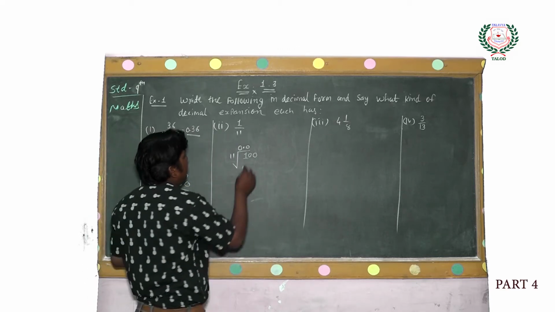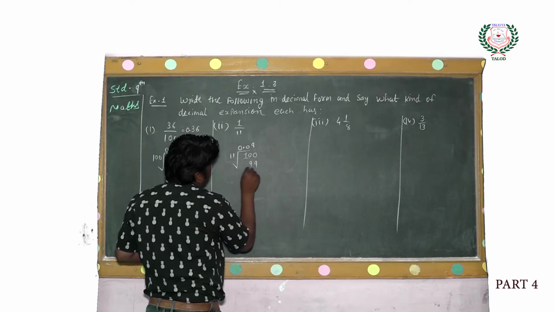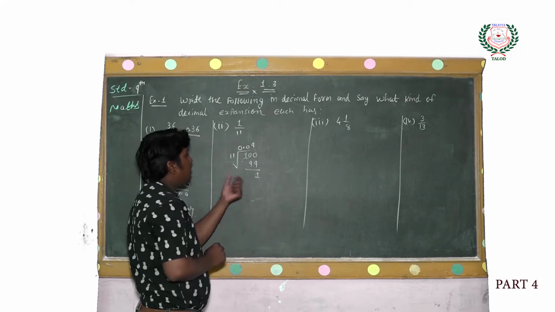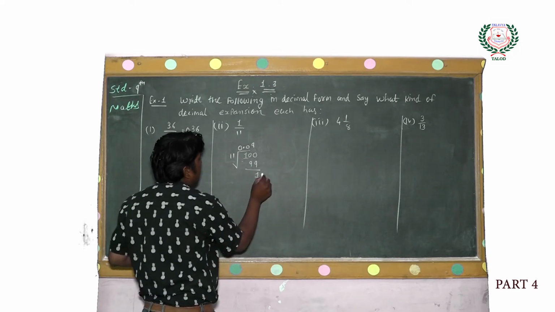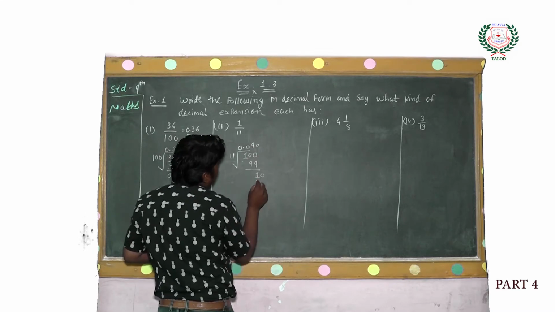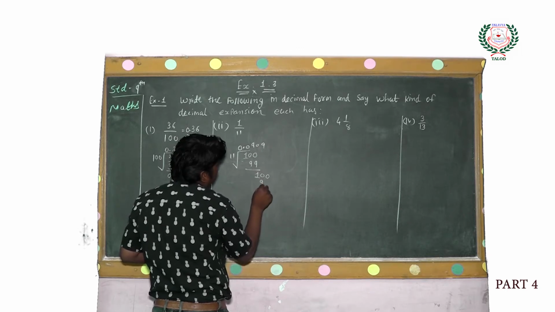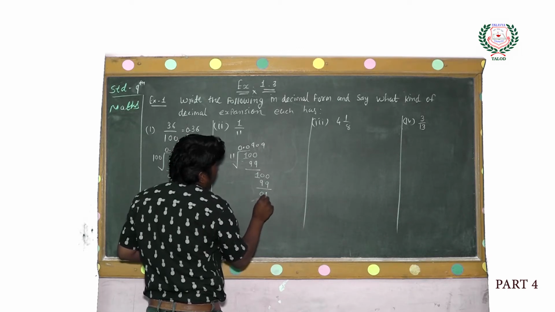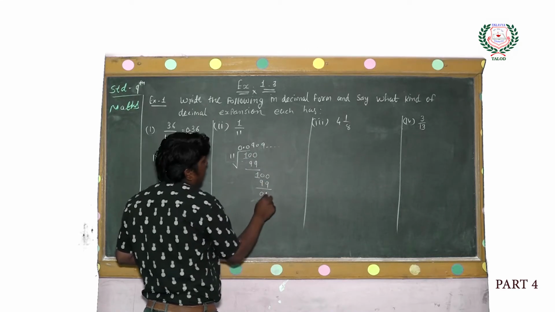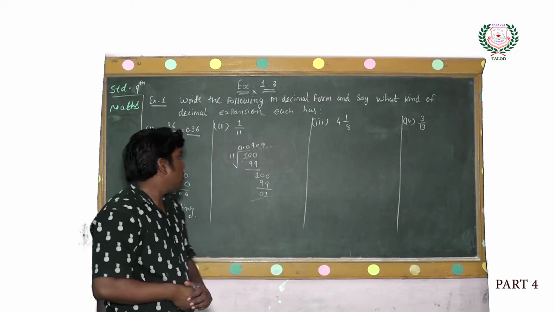So 11 9s are 99, so when we subtract we get only 1. Once again you have to put 0, but it cannot be divided, so put 0 here. So 10, and once again 11 9s are 99. So you can see here 09 is repeated and the remainder also 1 is repeated.